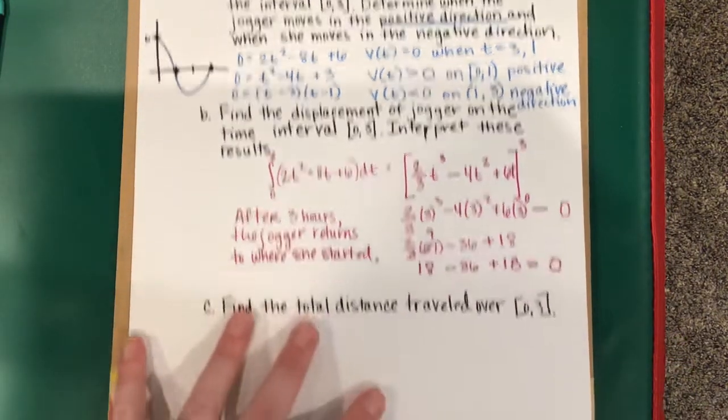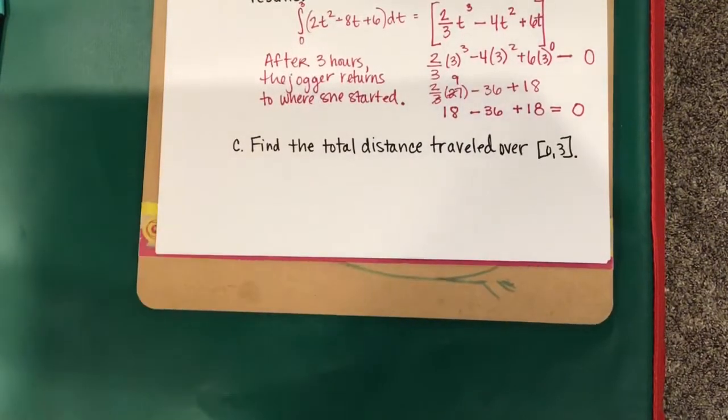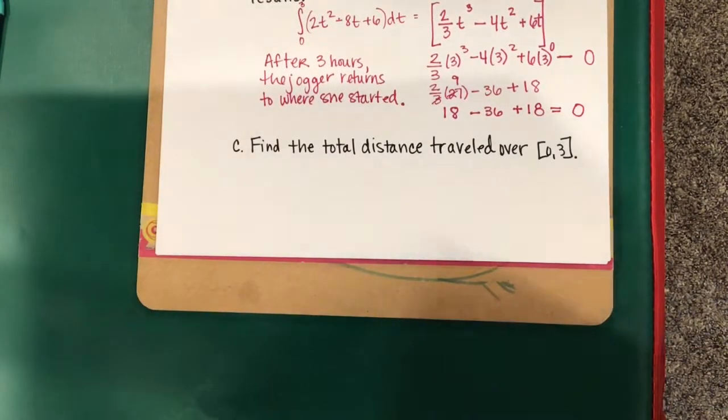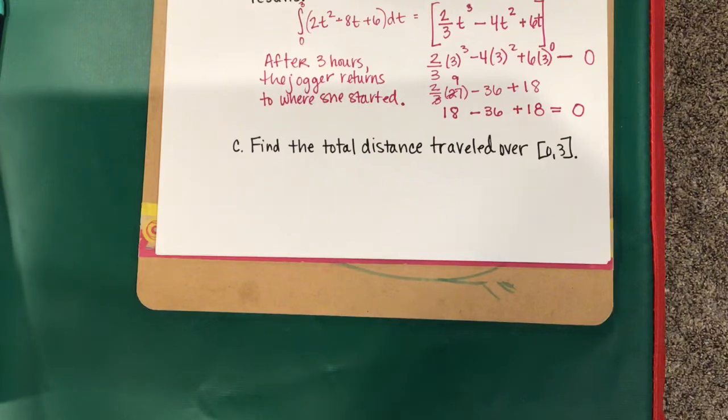Now, does that mean she didn't move at all? Or displacement is 0? Does that mean that she didn't travel anywhere? Well, no. You can still run around a track and have a displacement of 0, but have run 1/4 of a mile. So the total distance traveled over this interval.